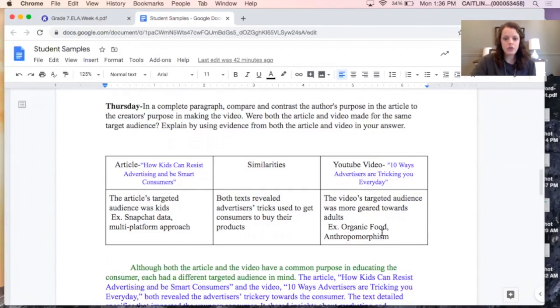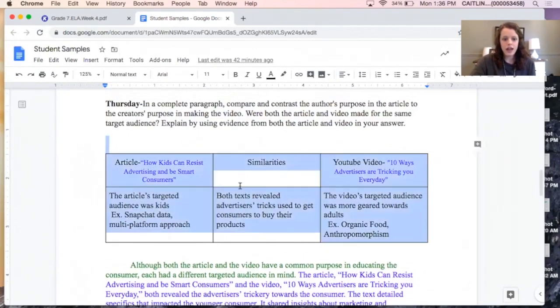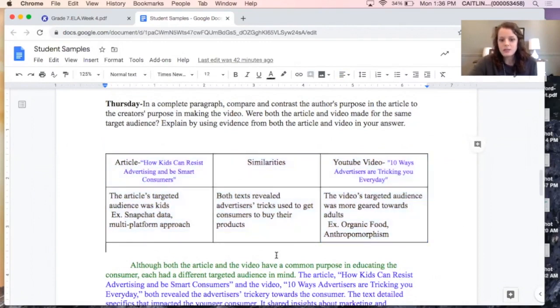I want to show you though, and very quickly talk about this graphic organizer I have at the top, where I've compared and contrasted the article and the video. The biggest difference between the article and the video was the target audience. I felt like the article, obviously because of the title, was targeted more towards kids and how advertisers are targeting children.